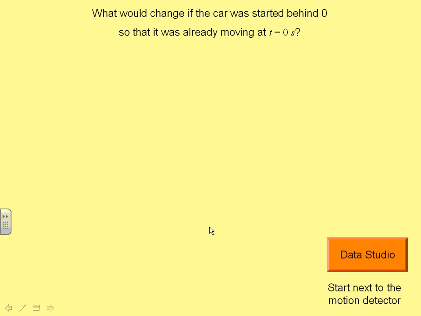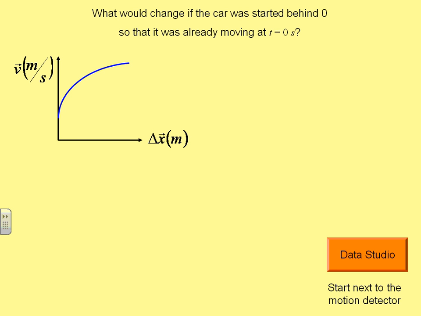Now, in order to make this a little more general, we're going to also look at it in class if it doesn't start moving at 0 time. So I'm going to let the cart get going and then look at the graphs. In that case, the velocity and displacement graph will be a side opening parabola, but with a non-zero initial velocity. It'll already be moving when I start making the recording.